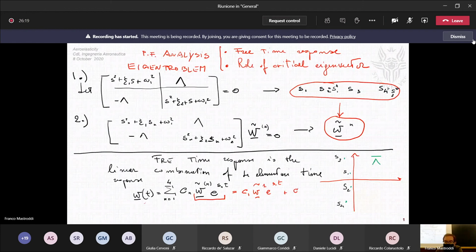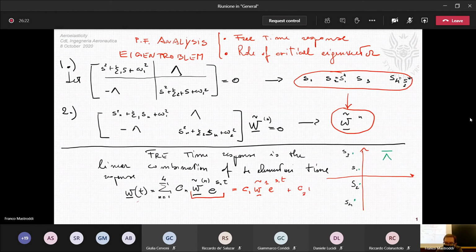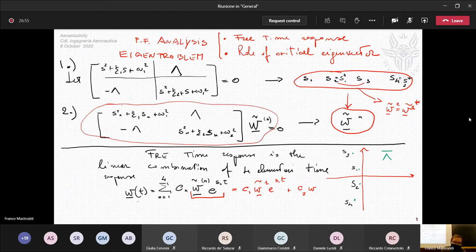Excuse me. And so you have C2, this W2. If S2 is the conjugate of S1, therefore, consistently, this is very easy to demonstrate, W2 is the conjugate of W1, okay? Necessarily, because you can take this equation and take the conjugate of all these equations, a huge conjugate, like here, look.